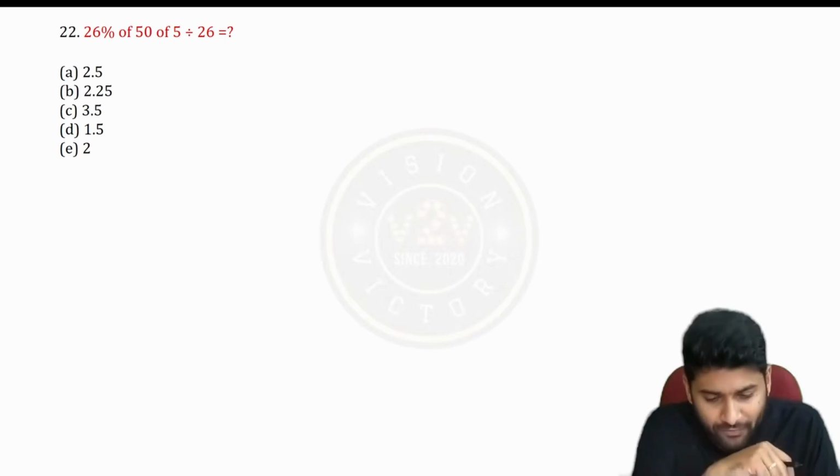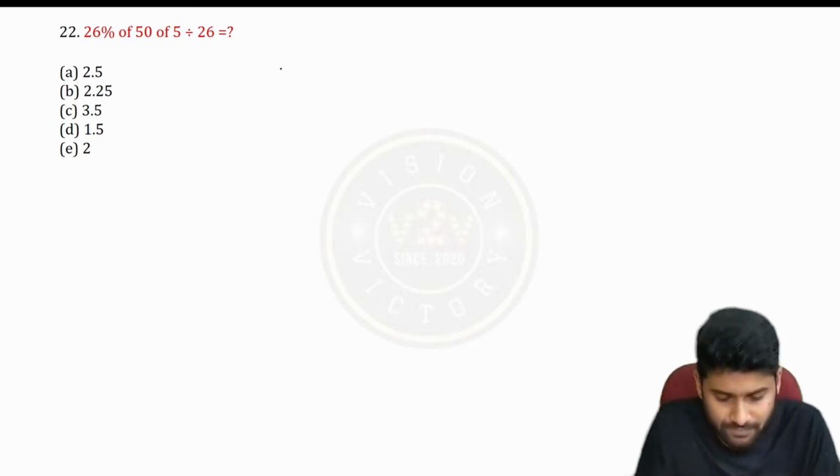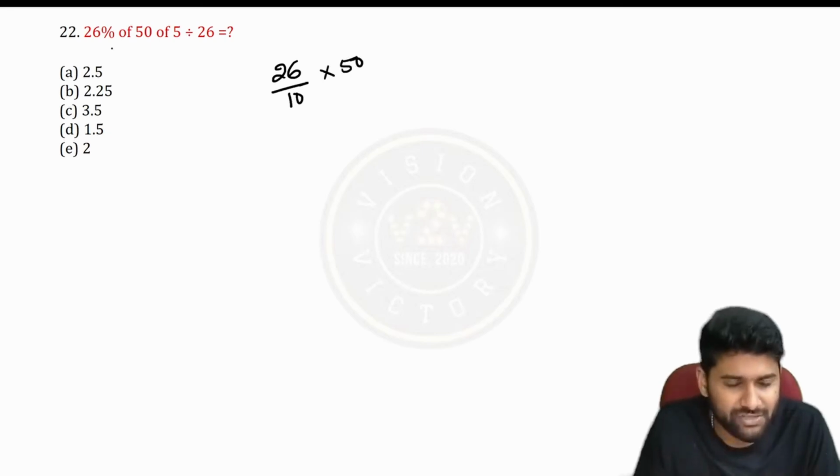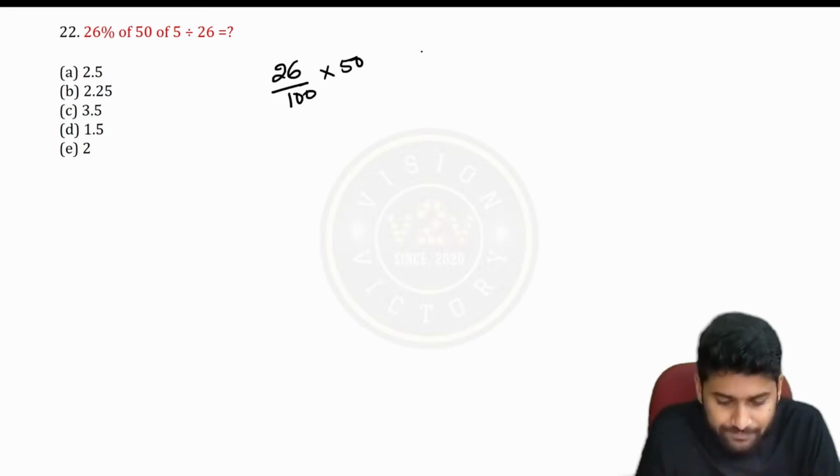See, 26 percentage of 50 of 5 is divided by 26. So what is the resultant of this question? Guys, here 26 percentage of 50 of 5 divided by 26.